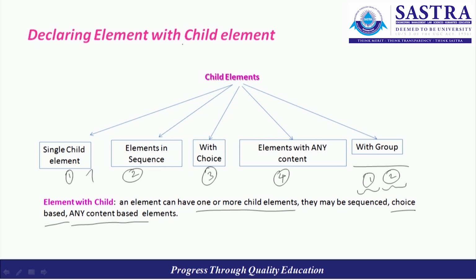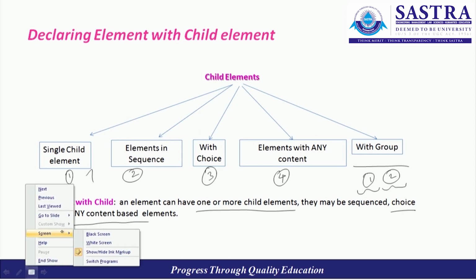For example, we have another pattern of writing the element with more than one child, actually a single child which has been repeated more than once. Employees, I have, this is the employee element repeated more than once, like this.